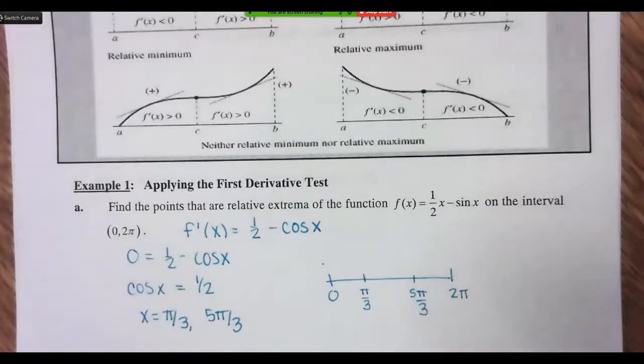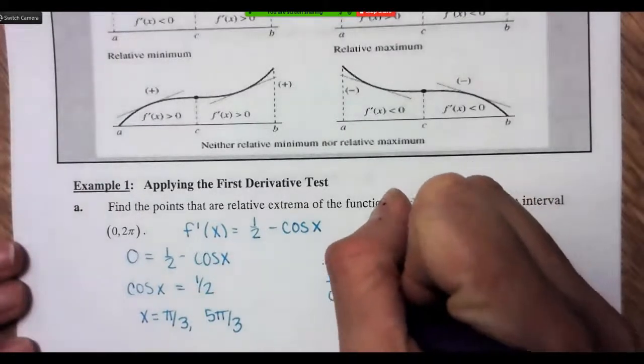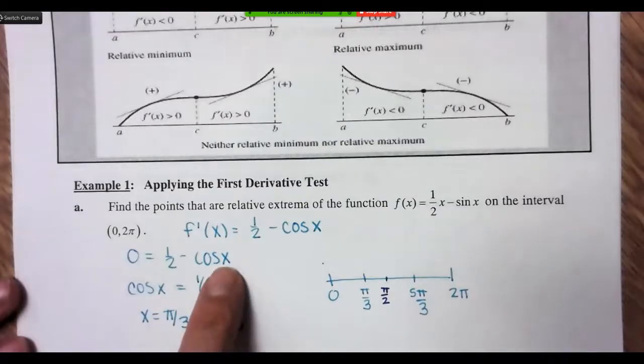An easy point is pi halves. We know that pi halves is smaller than 5 pi thirds, but bigger than pi thirds. And it's an easy value for us to find. The cosine of pi halves would put us at the top of the unit circle.